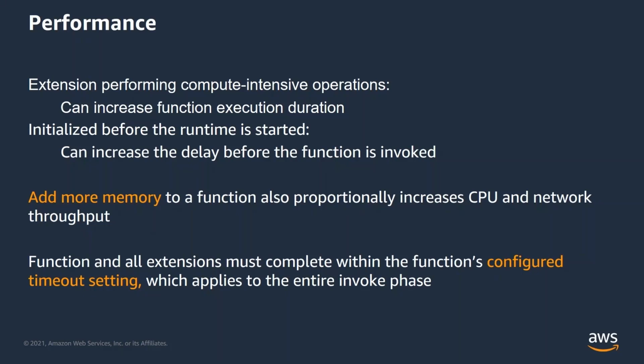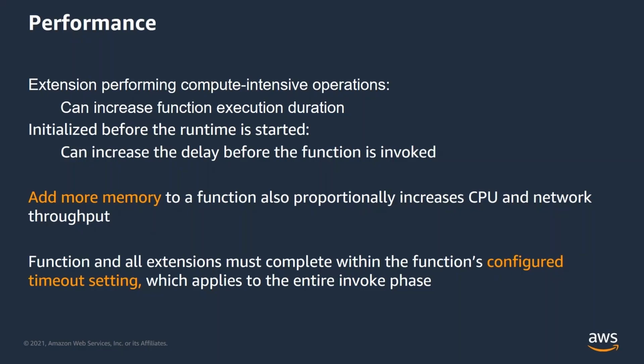It's also worth remembering that because Lambda allocates proportional CPU power based on the memory setting, your function may see increased execution and initialized duration if your memory is set at a lower setting, as more processes are competing for the same CPU resources.